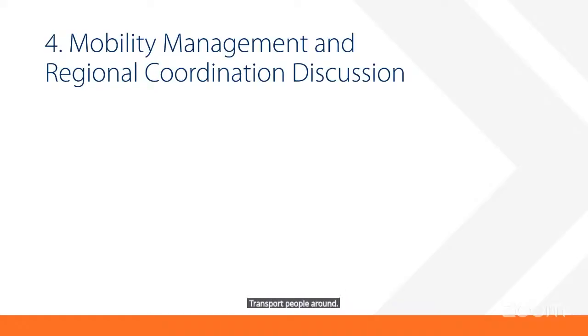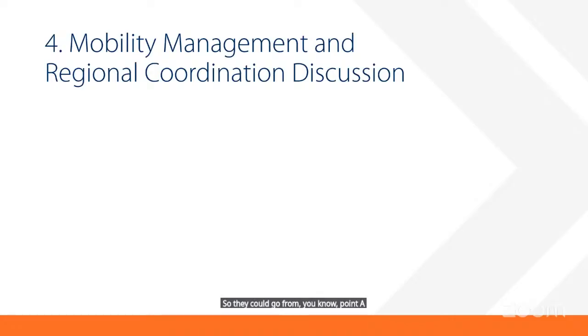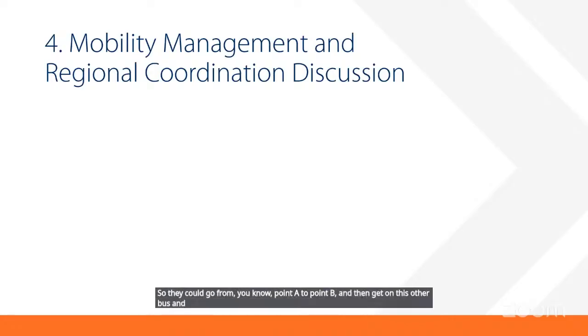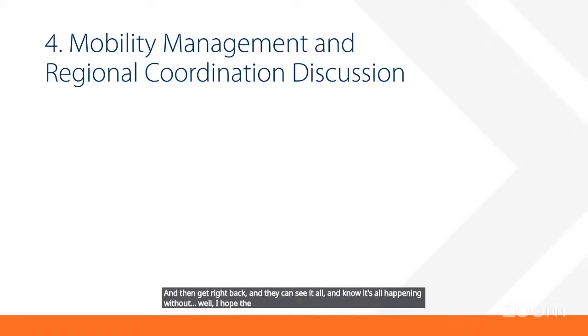But what if there was a way to log into a program so they can get from point A to point B with a couple of different agencies, so that one person isn't doing the whole thing? They could go from point A to point B, get on this other bus and keep going, and then get right back, and they can see it all and know it's all happening, without hoping the next one picks up on it.